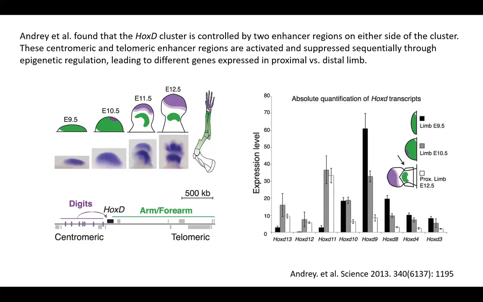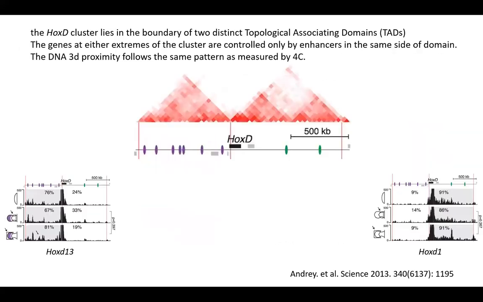And the white bars show that the early Hox genes are suppressed, and now the later Hox genes, the 10, 11, 12, and 13, are shooting up. And it turns out that this regulation lies in two TAD boundaries that are showing up right where the Hox gene cluster is.